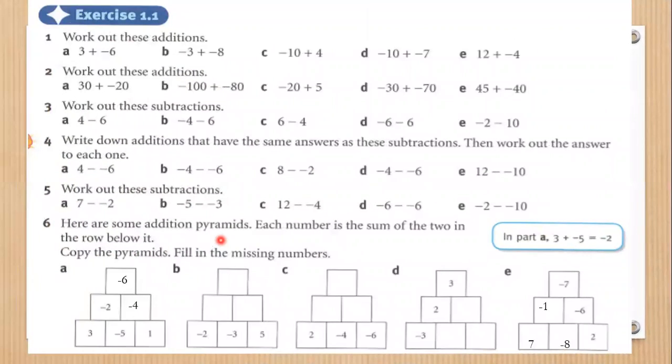Now let's check all these things. The same question you are solving, I will solve. Let's suppose part D. Here we have plus minus. When you multiply, different signs give negative. So we put negative. Minus 10, minus 7, answer is minus 17. The same thing happens here with minus 30 plus minus. So it's equal to 100.